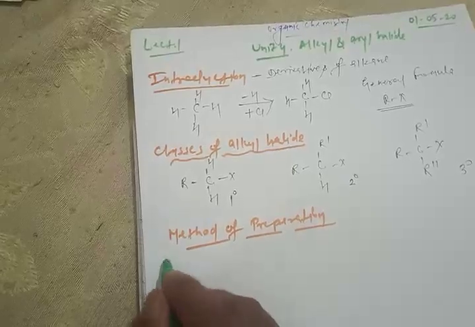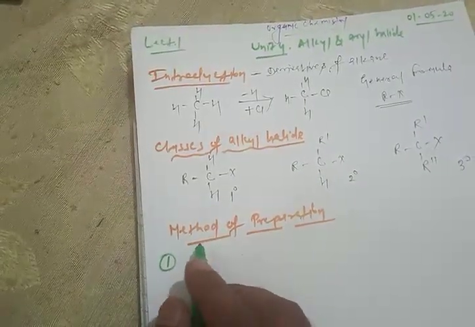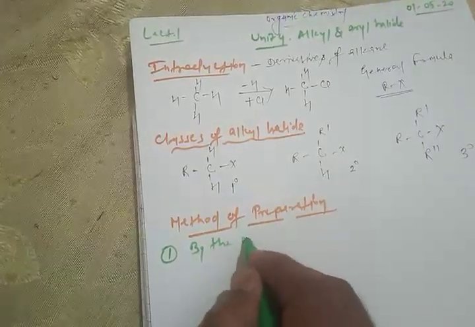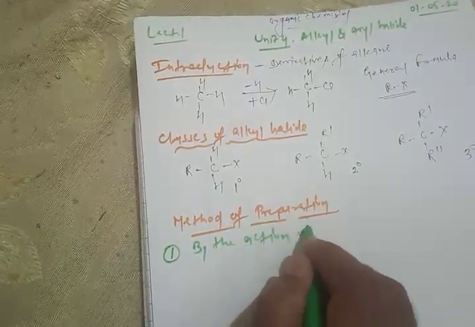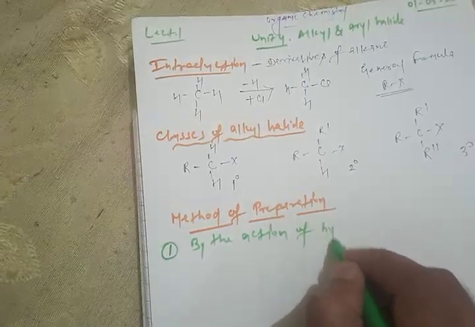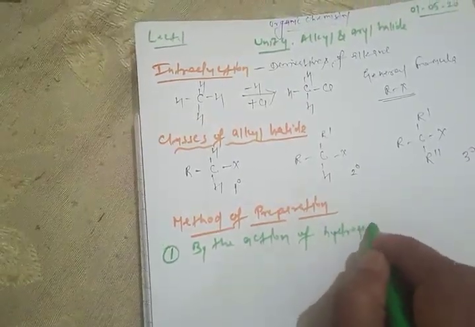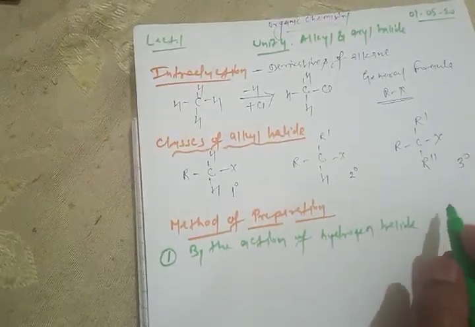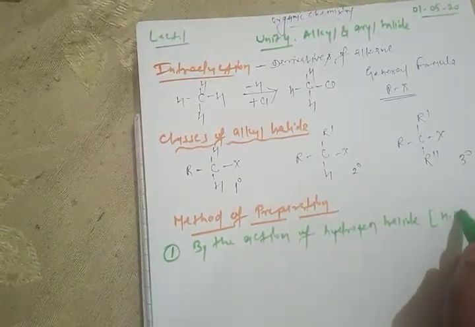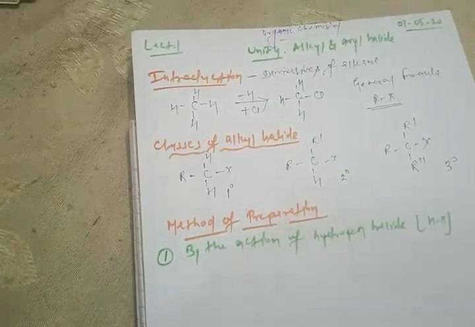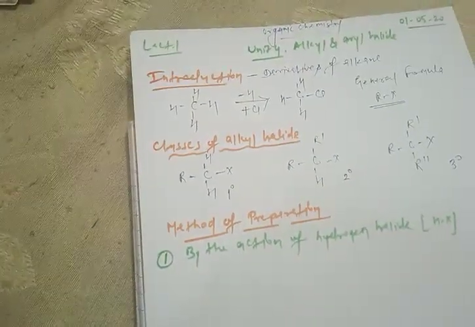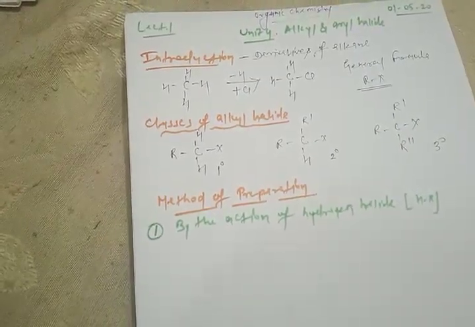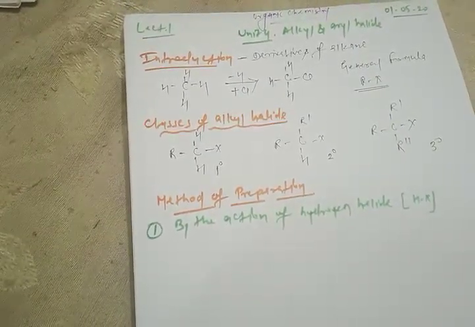The first method is by the action of hydrogen halide. Hydrogen halide is HX. So this is the first method of preparation, and for that, alcohol will be utilized.